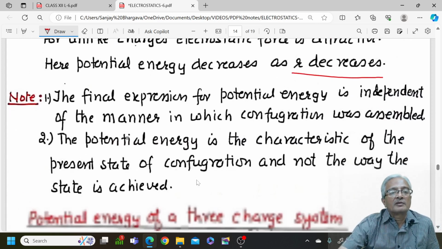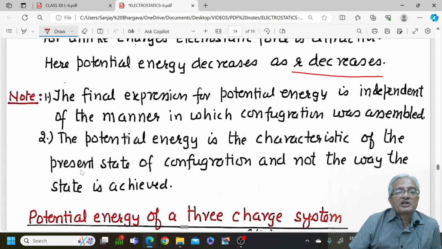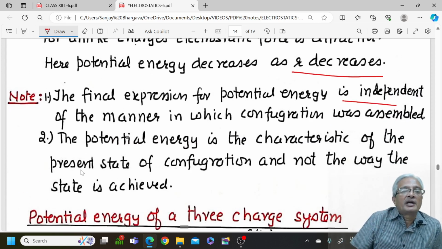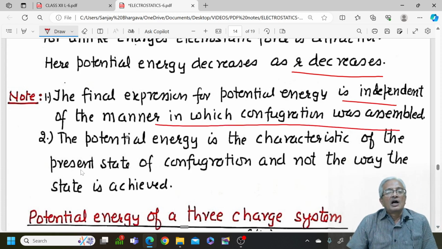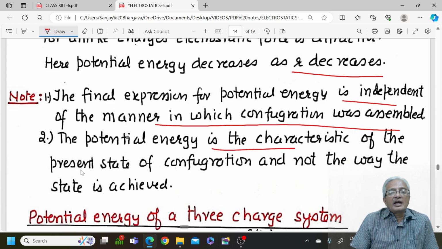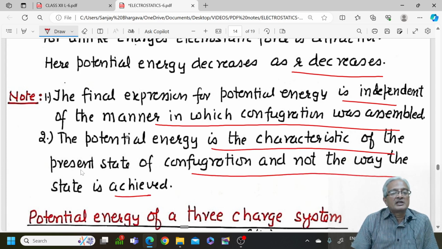We have put a note here. The final expression for the potential energy is independent of the manner in which the configuration was assembled. The potential energy is the characteristic of the present state of the configuration and not the way the state is achieved.